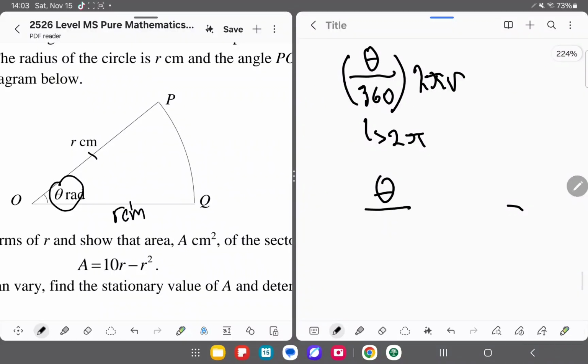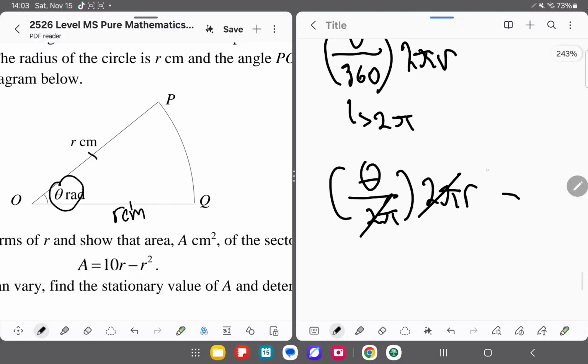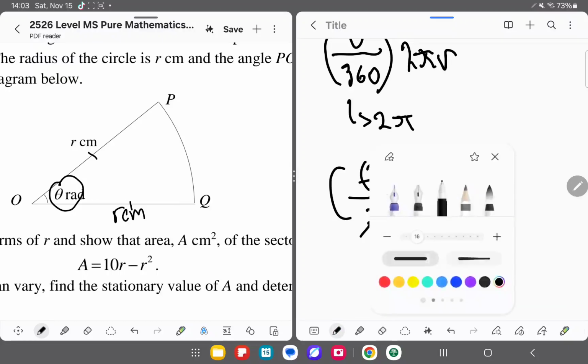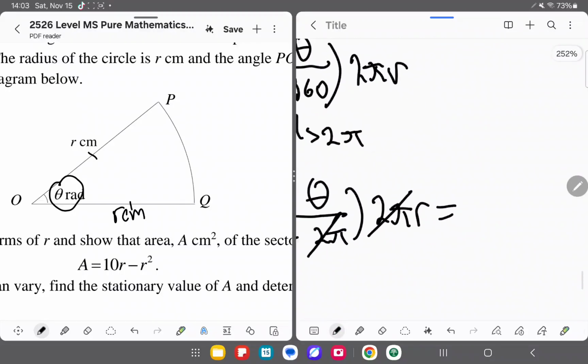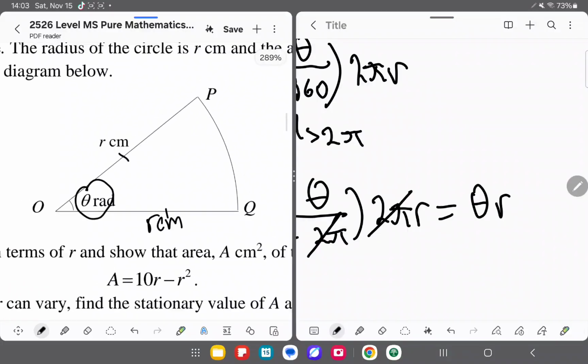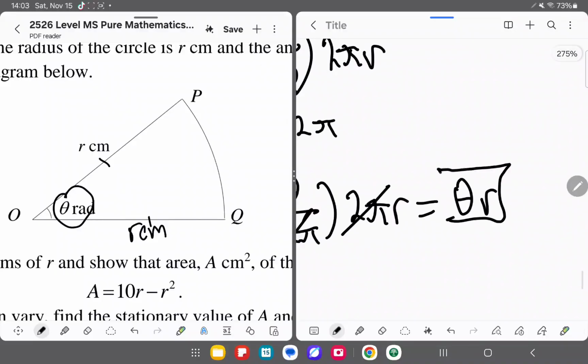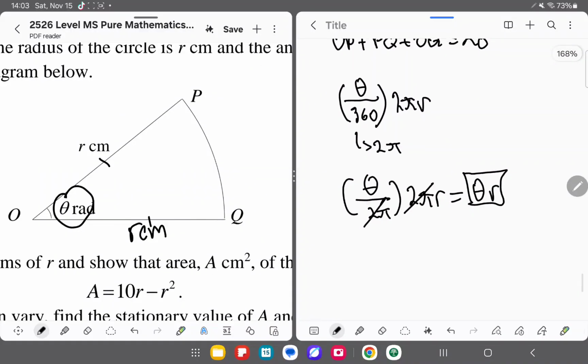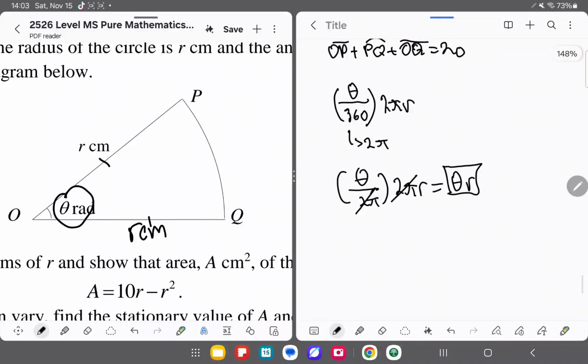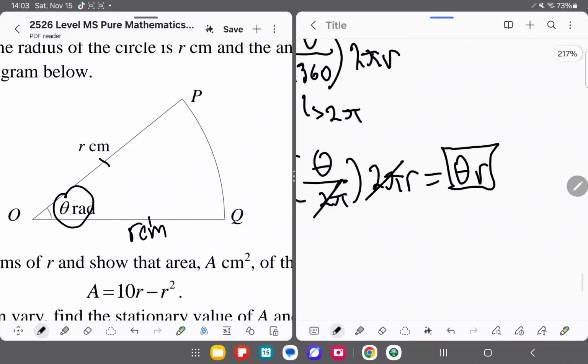So theta over 2 pi multiplied by 2 pi r. These cancel, so the length of any arc facing theta is theta r. I'm just stating how to get it, and later on you can apply this formula on any other question.